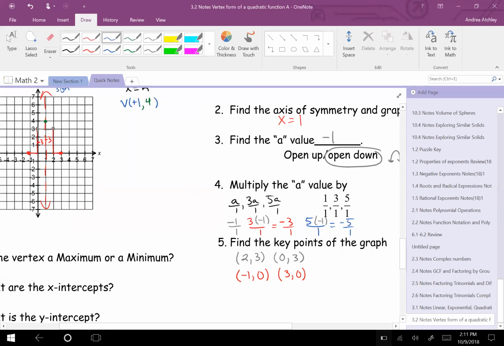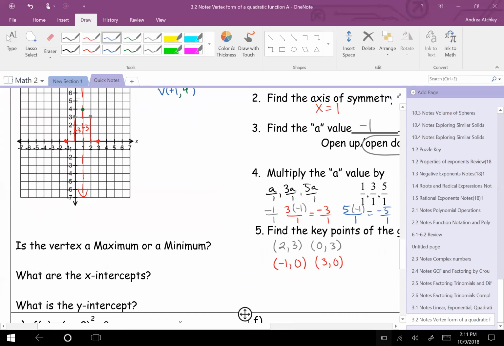Okay, so from that last key point, I'm going to move down 1, 2, 3, 4, 5, and over 1. So -5 over 1. Down 1, 2, 3, 4, 5, and over 1. So those ordered pairs are when x is -2, y is -5, and when x is 4, y is -5.